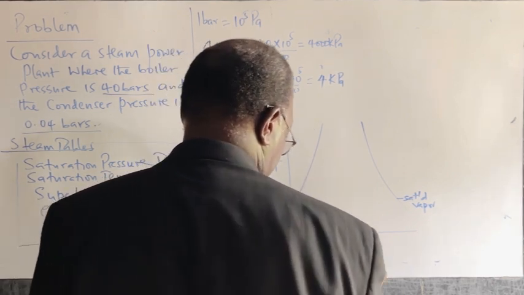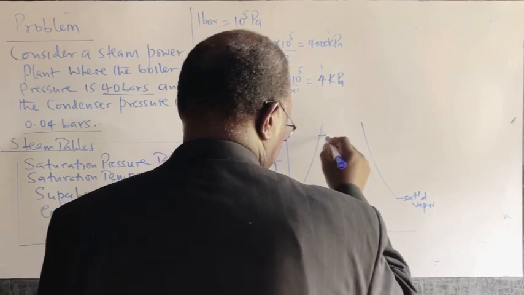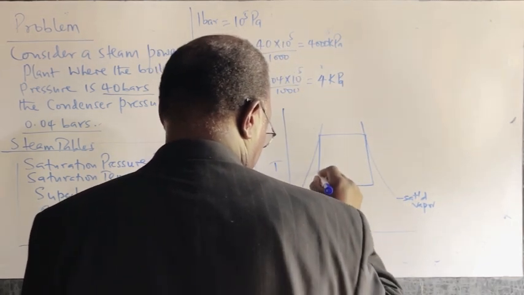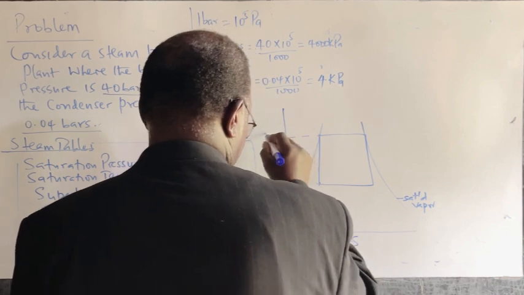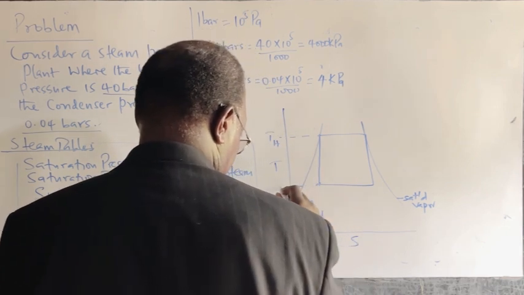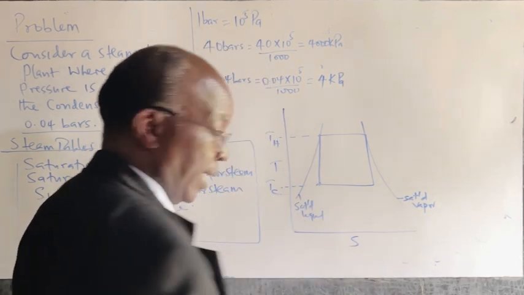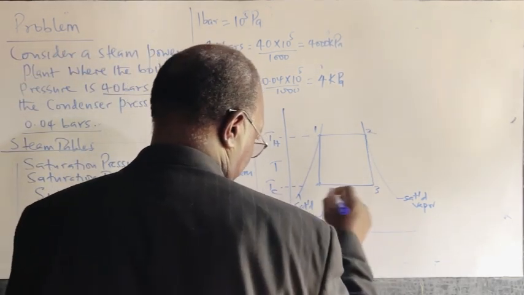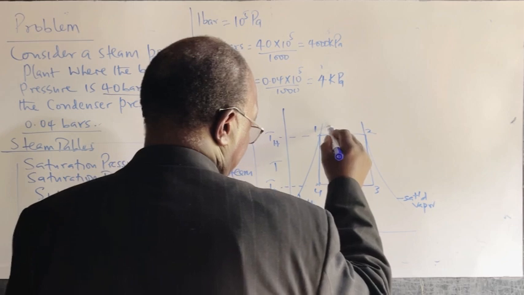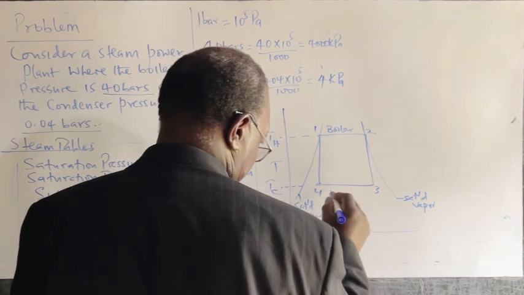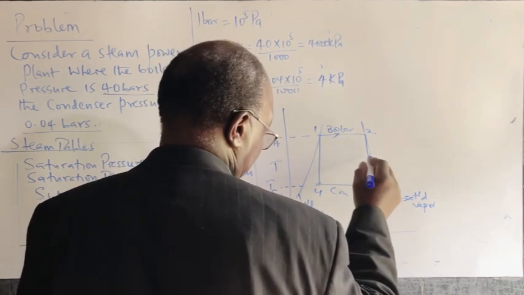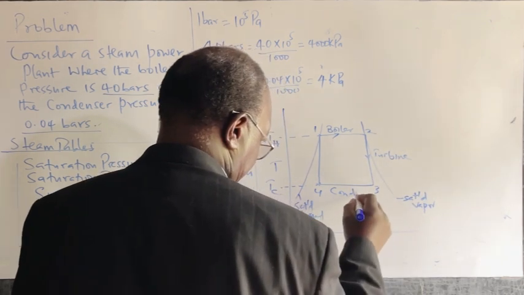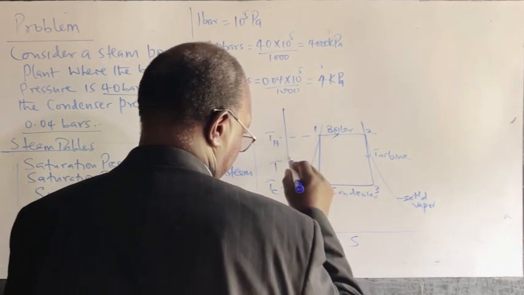This is temperature, that is entropy. So we have the highest temperature and the lowest temperature, and let's call the state points 1 to 2, 3 to 4. This is the boiler, this is the turbine, condenser, pump.